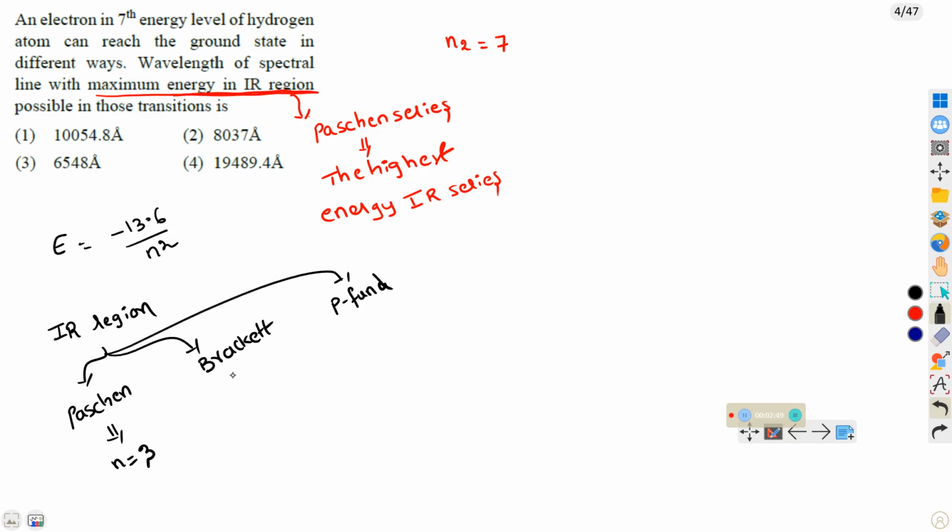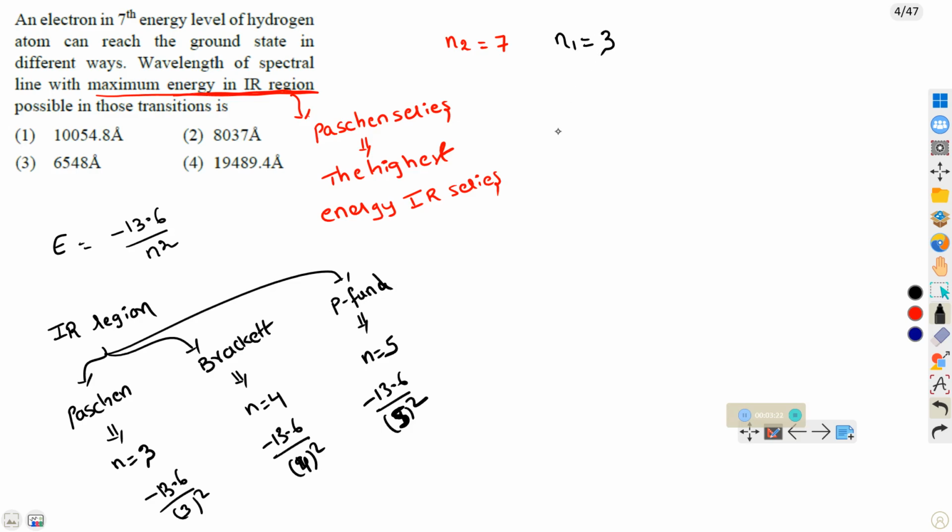Brackett series, n value 4. Pfund series, n value is equal to 5. That is minus 13.6 by 3 whole square, minus 13.6 by 4 whole square, minus 13.6 by 5 whole square. Based on this, Paschen is considered the highest energy IR series. n1 value, take it as 3.